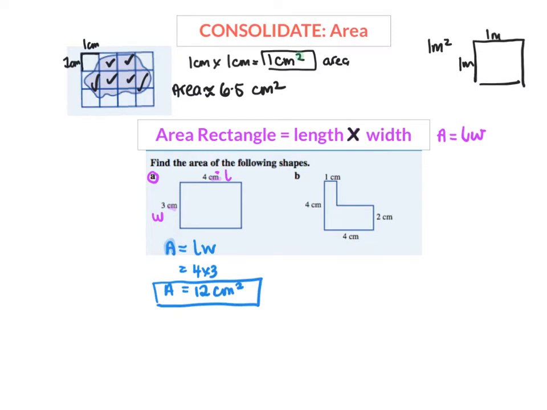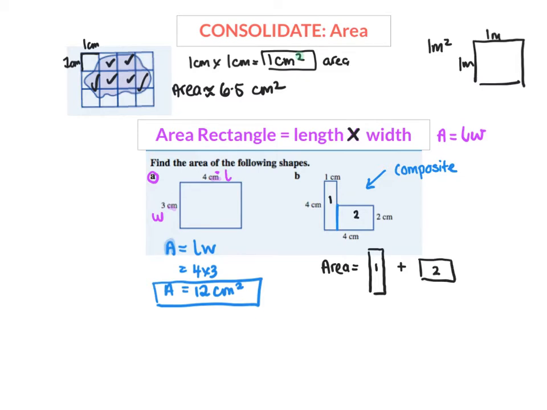Now over here, this is what we call a composite shape. It's a couple of regular shapes put together. You could divide it in many ways, but I'm going to break it up like this. This is my rectangle 1 and this is rectangle 2. So the area is equal to the area of my rectangle number 1 plus the area of my rectangle number 2.